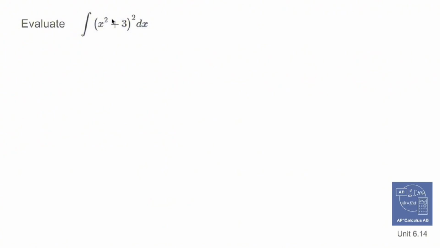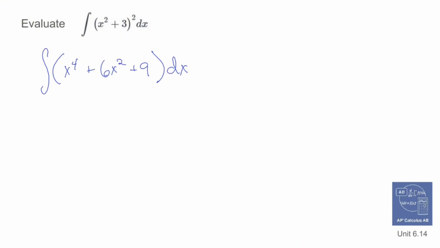Evaluate the integral of x squared plus 3, all of which is squared. Now, normally when we see stuff like this, we think u substitution, but u substitution won't work because you would let u equal x squared plus 3, and there's no 2x or anything with an x lingering around, so u substitution, again, will not work. So I am forced to FOIL this guy out. So I'm going to rewrite this as x to the 4th plus 6x squared plus 9 dx.